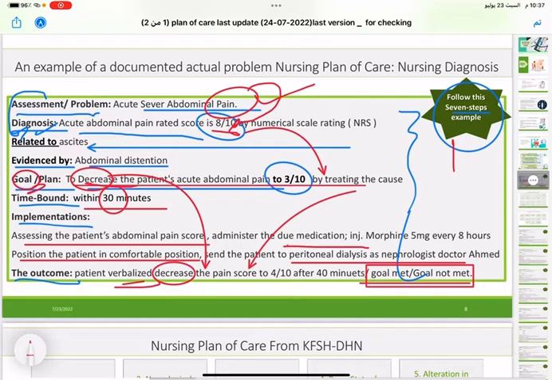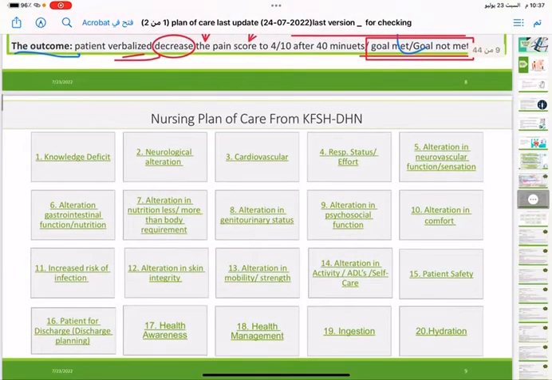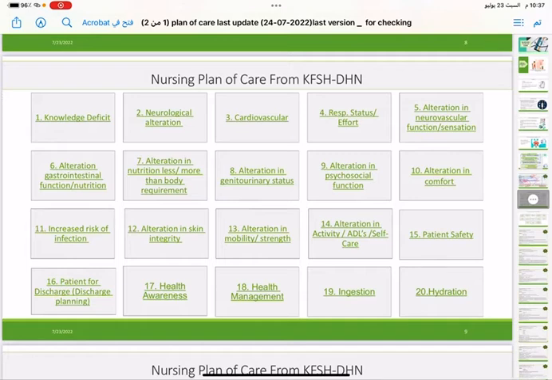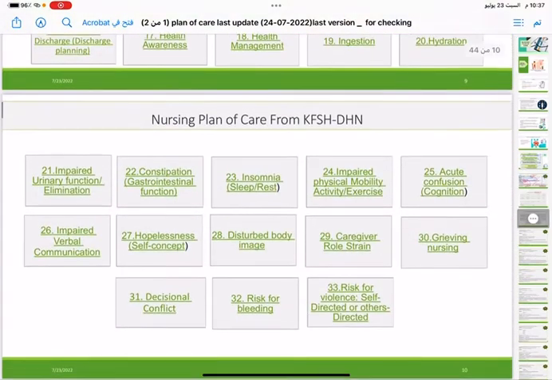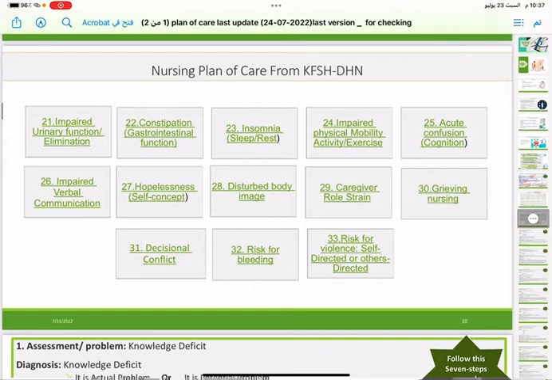So now let me show you the examples that we have for our cases according to King Fahd Specialist Hospital and our hospital. So there is a special nursing care plan, and I already made examples here for you in 2 slides, slide number 9 and slide number 10.